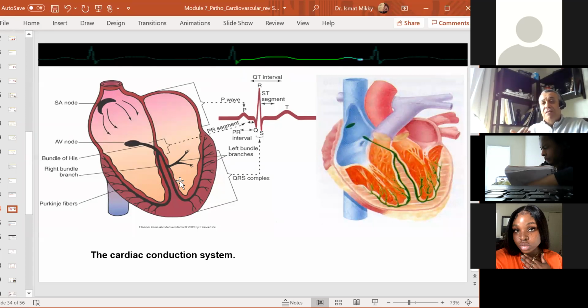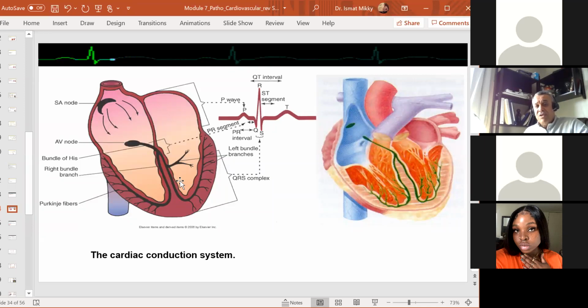Then the mechanical function will follow, which is the atrial contraction and then the ventricular contraction. If there is no electrical activity, there is no resultant mechanical activity. So when there is a disturbance in the relationship between the electrical conductivity and the mechanical response of the myocardium, you anticipate a dysrhythmia.